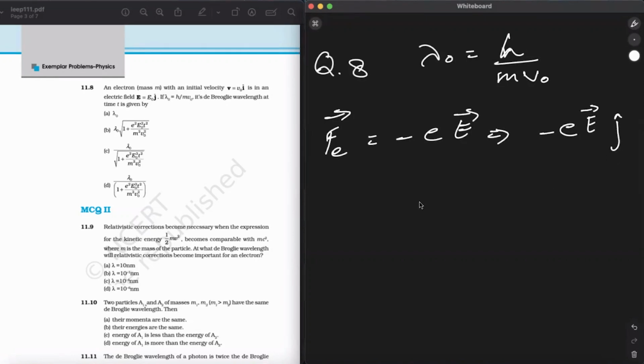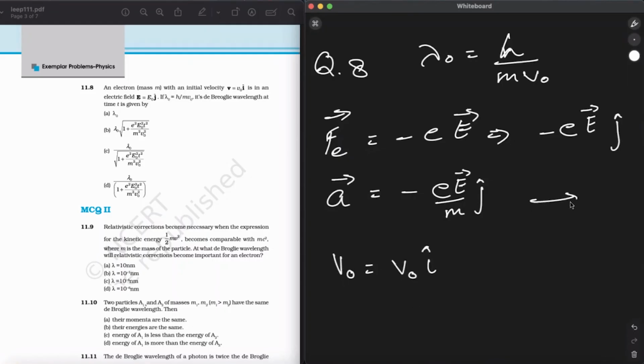This is the force acting on the electron, so the acceleration acting on the electron is minus eE upon m j cap. This acceleration is along the negative y-axis, and the initial velocity v naught is in i cap.